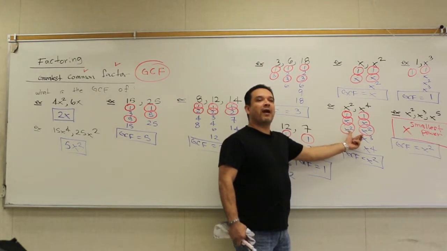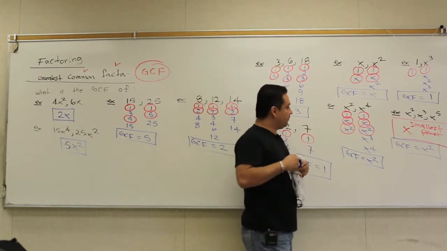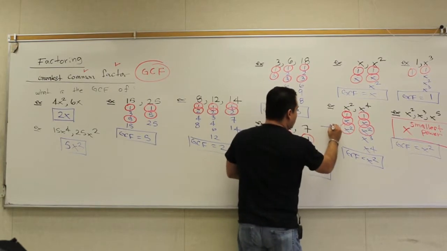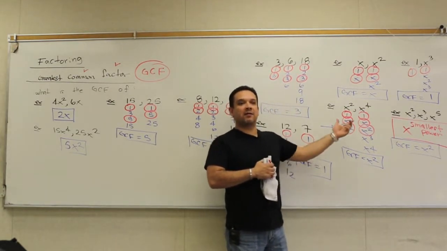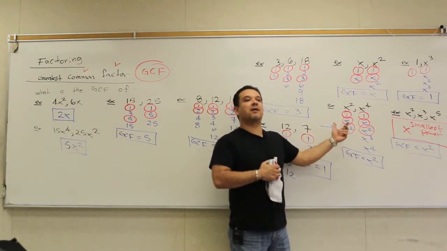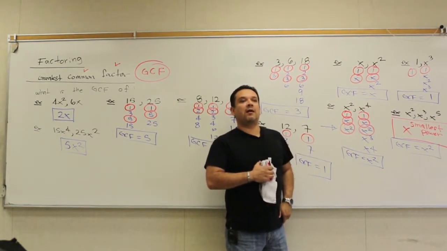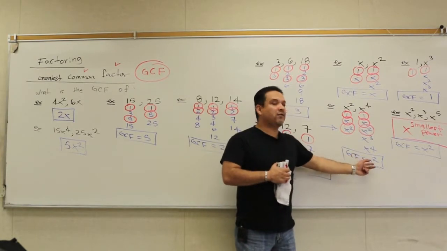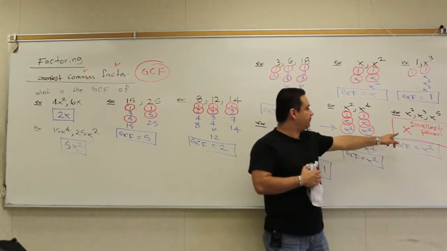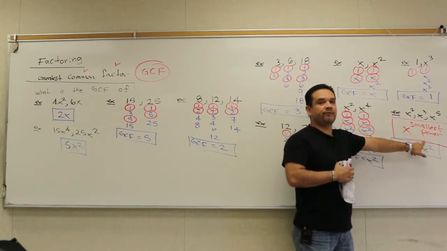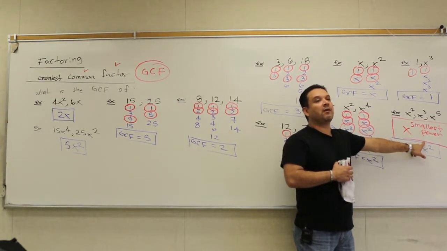When looking for the greatest common factor, isn't that what it is by your process? The answer is yes. You found the greatest common factor. That's what we called it. And what did it turn out to be, though? It turned out to be x to the smallest power, even though you're looking for the greatest common factor.